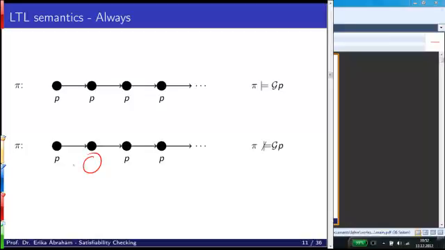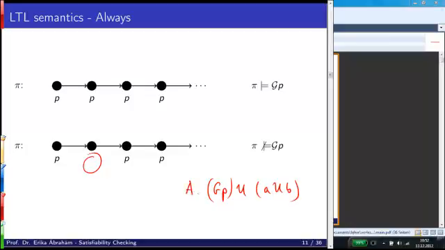Note that these formulas can also be nested. So this semantics gives us a recursive definition. So in linear temporal logic, I can also test something like globally, A until B, and for all paths, something like this.